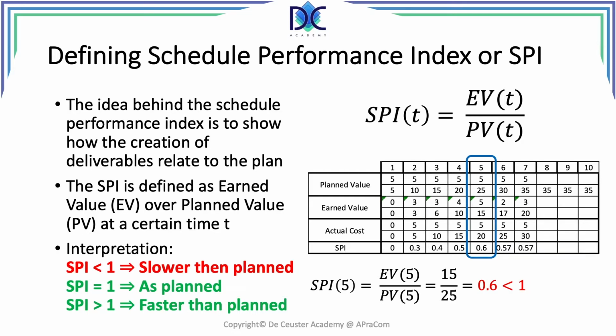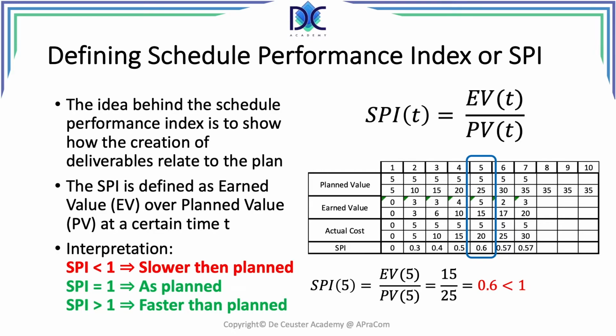We can interpret the SPI in the following way. An SPI which is smaller than 1 means that the project is progressing slower than planned. When the SPI is 1, then it's progressing as planned. And when the SPI is larger than 1, it's progressing faster than planned.